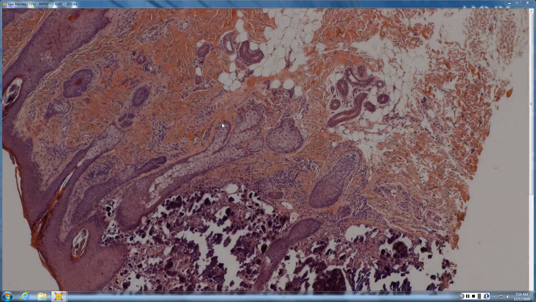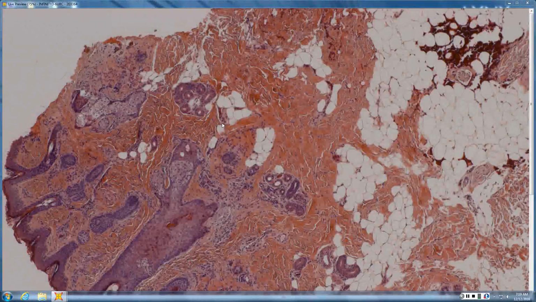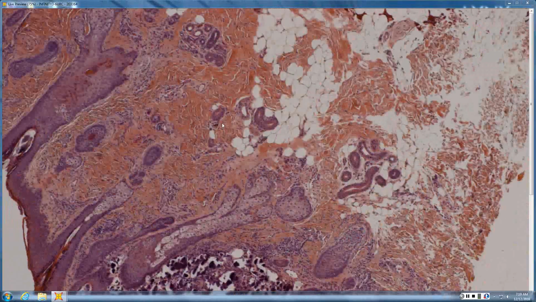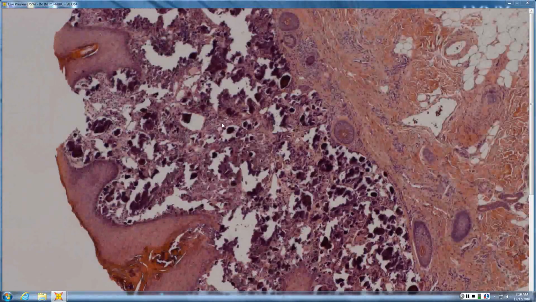All right, so 14 had two slides. I'm not sure why we have two slides, but we do. So what do you guys notice? Calcium. Calcium, good. So you kind of have pseudoepitheliomatous hyperplasia.